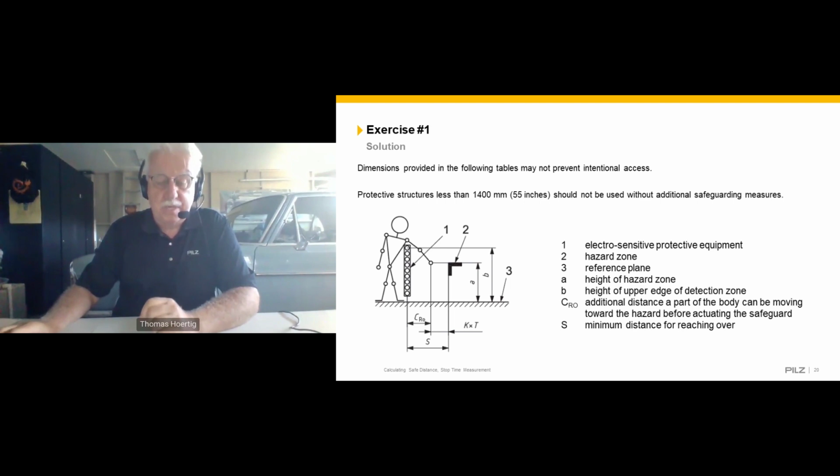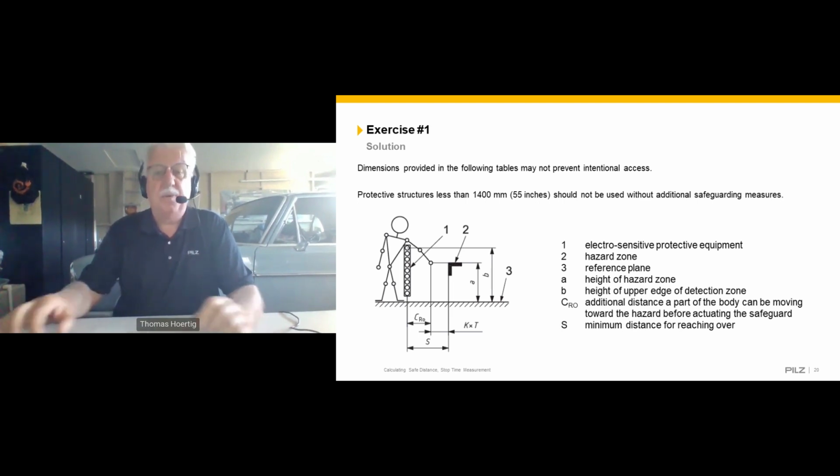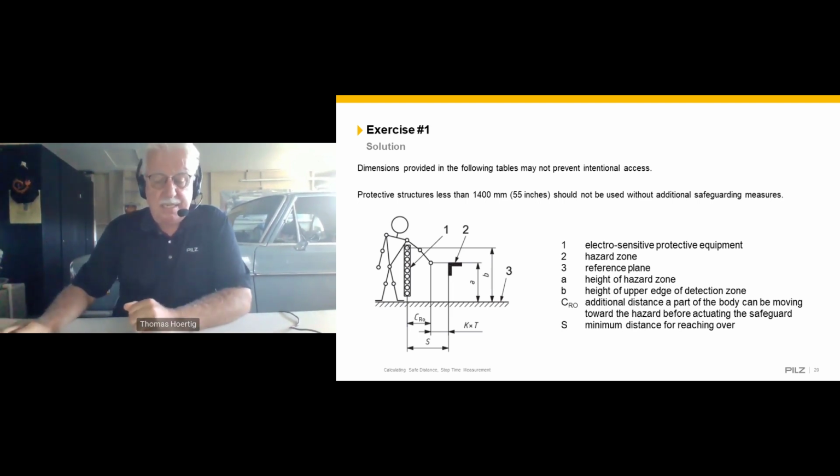It says here they should not be used without any additional safeguarding measures, because of the possibility of reach over and getting to the hazard without being detected by the presence sensing device. So here we have, as number 3, the reference plane. We have our presence sensing device, the light curtains, at a certain height.